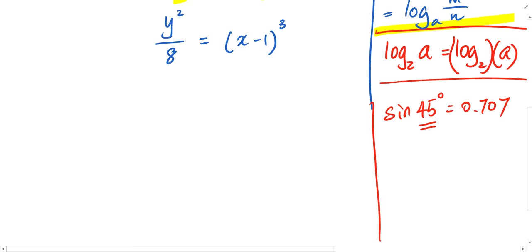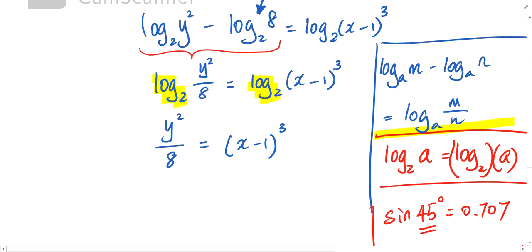Cannot. Rather, you should take sine inverse. Do you all learn this? So you cannot divide by sine on both sides, just like you cannot divide by log base 2 on both sides. Okay?